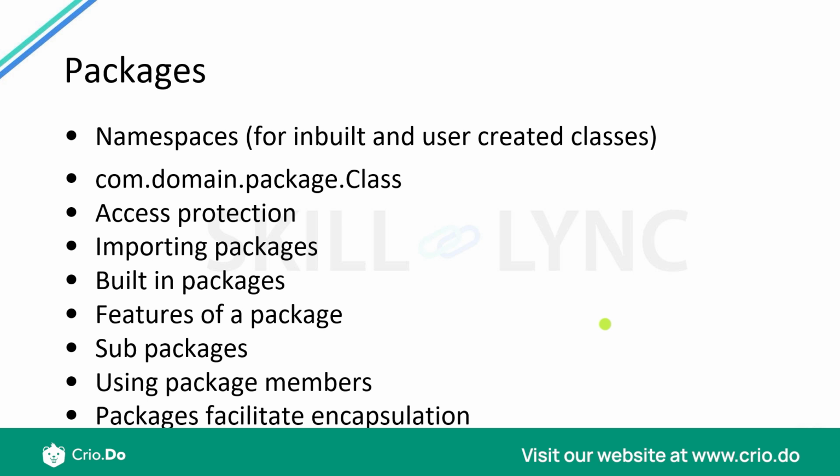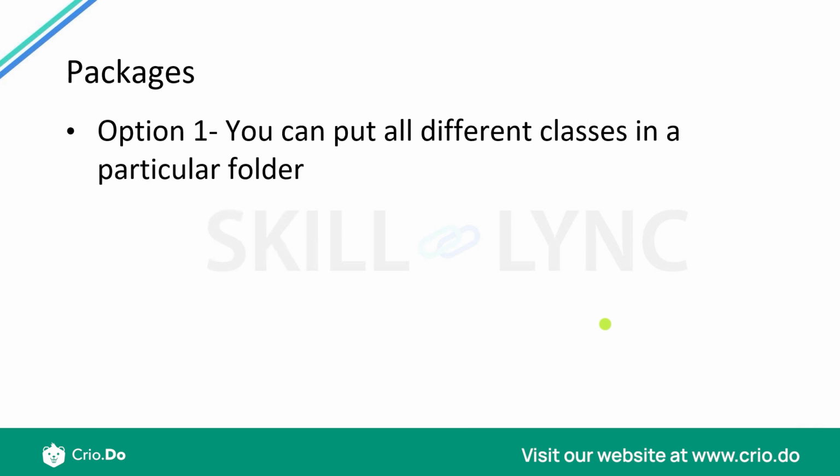Whatever you need is going to be provided by the package name and the file name, and that's it. Whatever you need to use, you can use just by the name. So now you have one option: put all your different classes in a single folder, and that's it. Or you have another option, which is to use packages, and you will realize that we use packages a lot in Java.